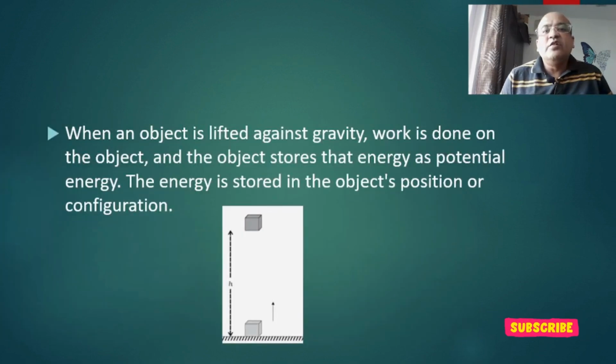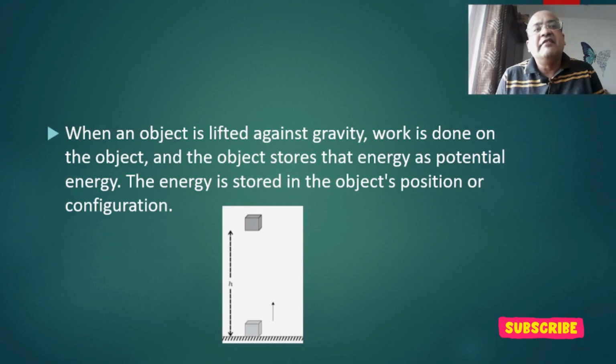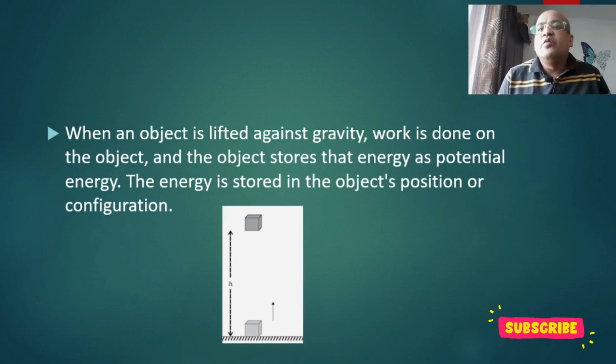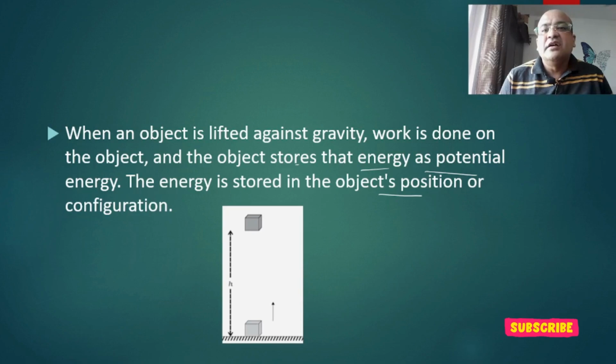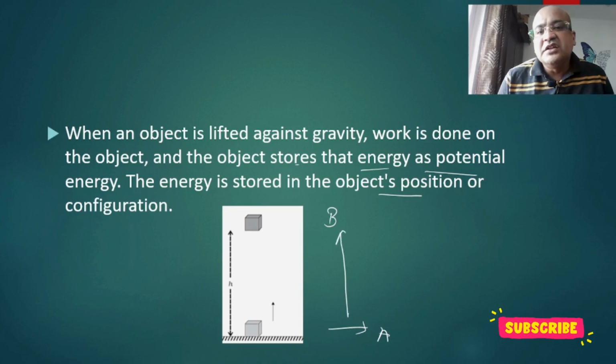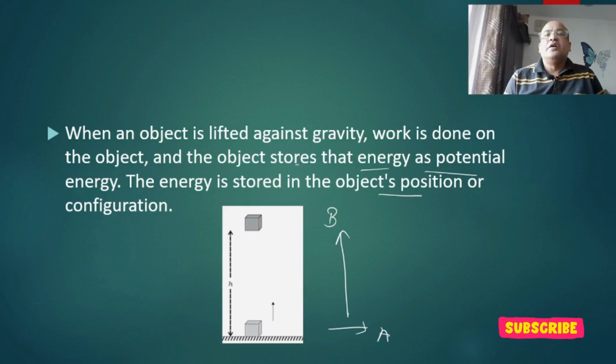Now let's see what happens when an object is lifted against gravity. Work is done on that object, and the object stores that energy as potential energy. The energy is stored in the object's position. Suppose the object is at position A and we have lifted it to position B. This is the vertical distance the object has covered.